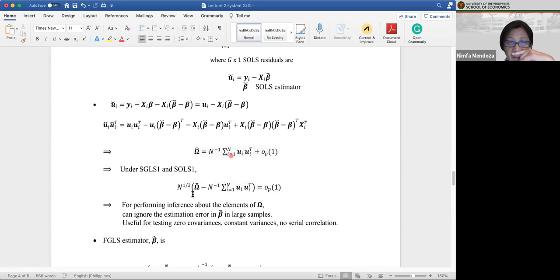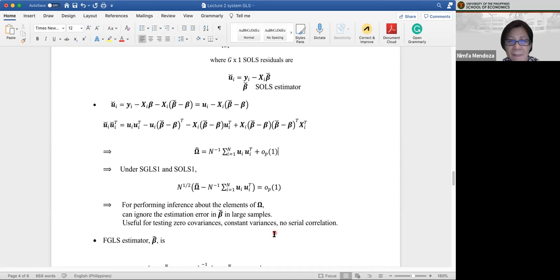You just get this from the previous equation. So you have omega hat minus this times n to the 1/2 is this.